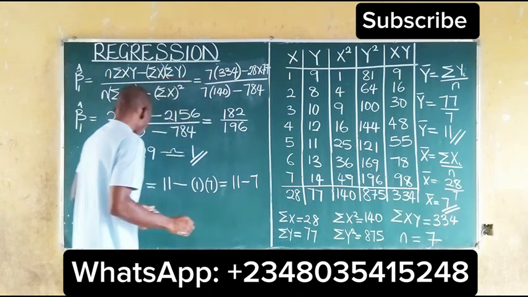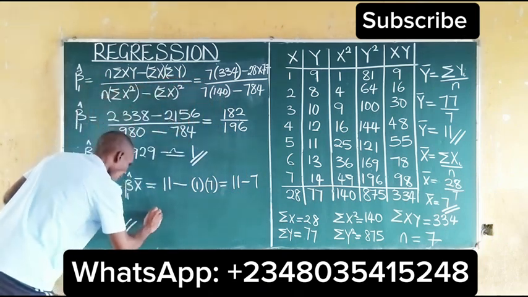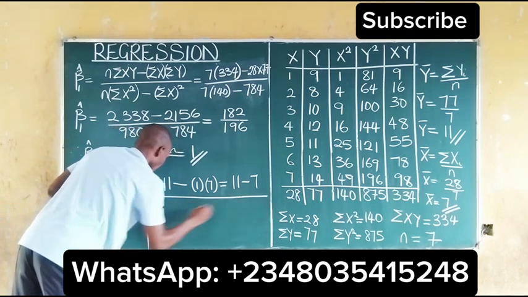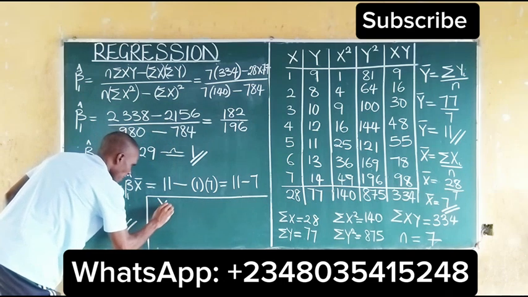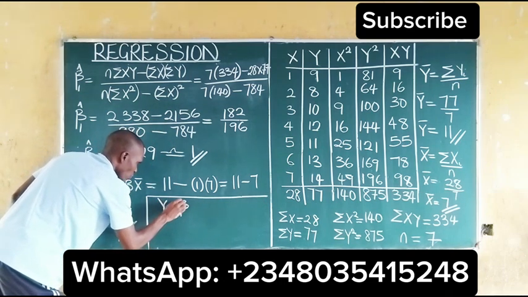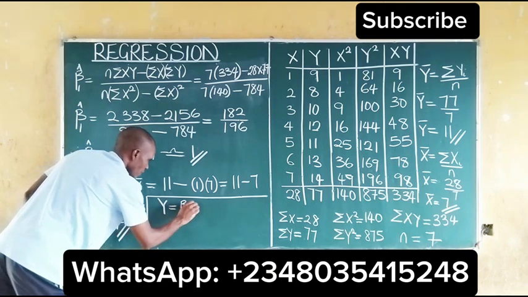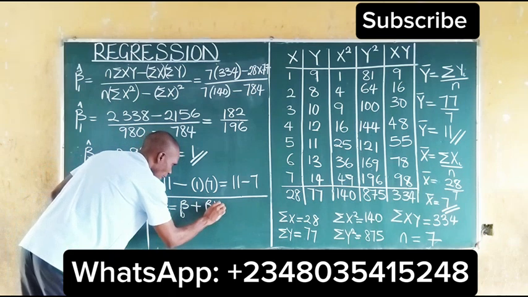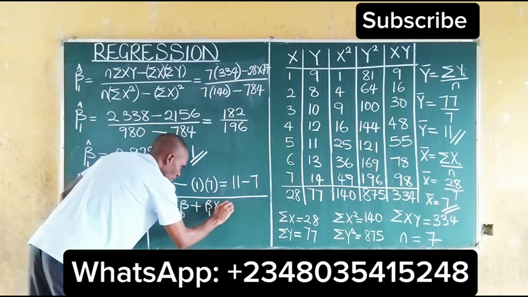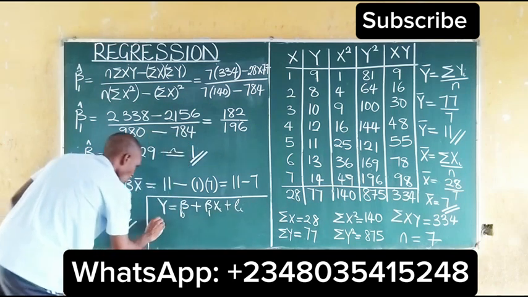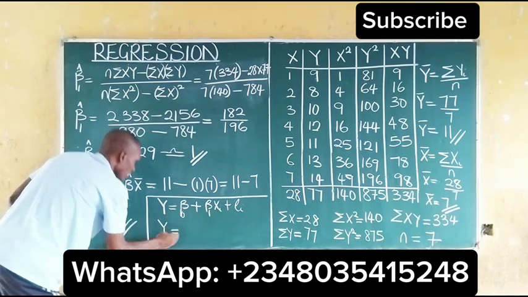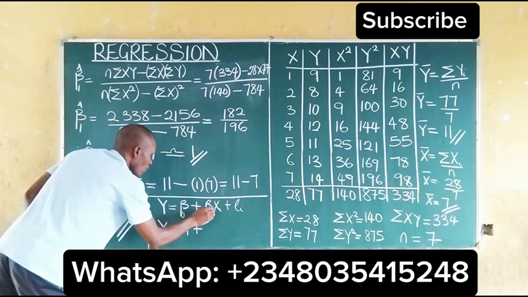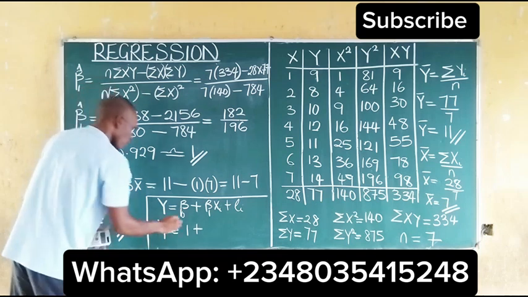Of course, if we have the model to be y equal to b naught plus b1 xi plus the error term, we can put our y to be, what is our b naught? Our b naught is 4.